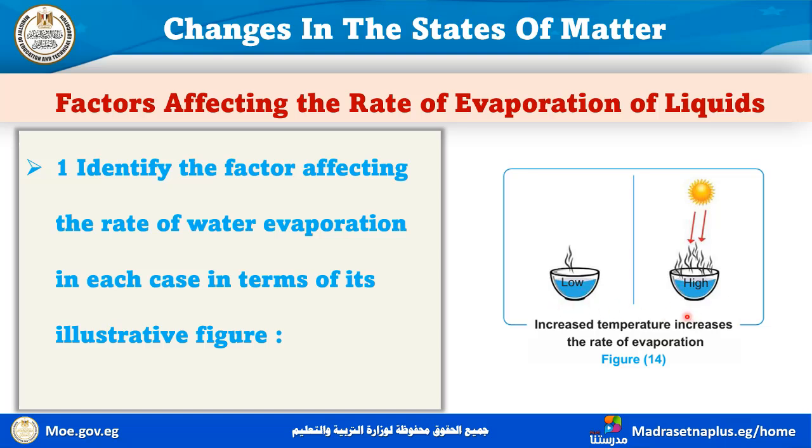What is the condition that affects the rate of evaporation in these two bowls? The first one is not affected by sun rays, while the second one is affected by sun rays, and this increases the temperature, and by increasing the temperature the rate of evaporation will increase.